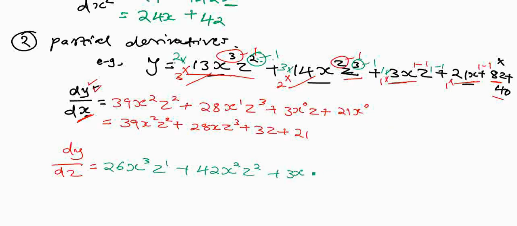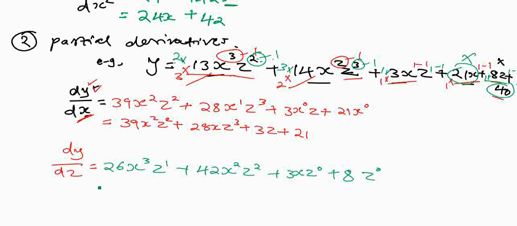Then z 1 minus 1 is 0, z power 0. Okay, plus 21x. This has no z, so we leave it. Next we come here 8z, that is like z power 1, so minus 1 of course times 1. So it will be 8z power 0. Okay, plus 40 has no x, no z, we leave it.